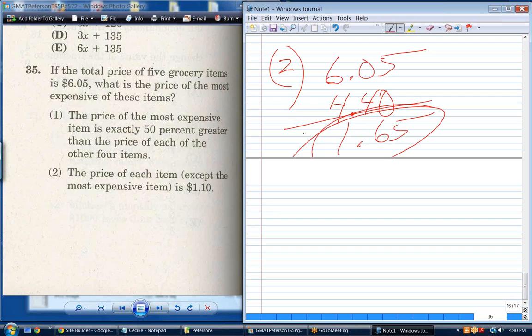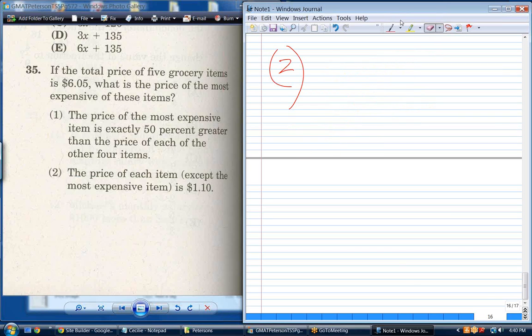Okay, so 2 works. And it was not necessary for me to go through the math. I'm sorry, I shouldn't even have done it. It teaches bad habits. 2 works, so 2 is a yes. Oops, excuse me. That's what I meant to write.